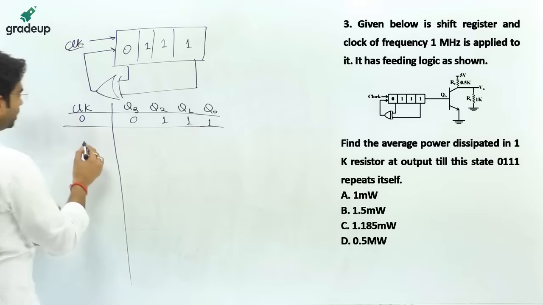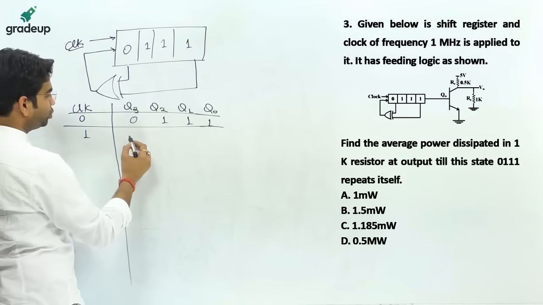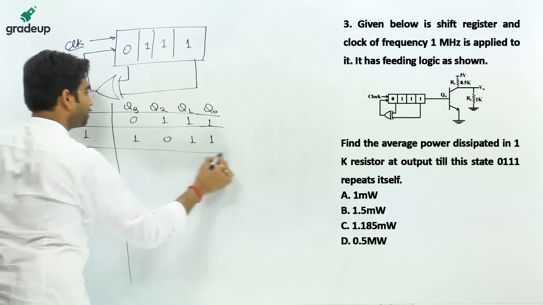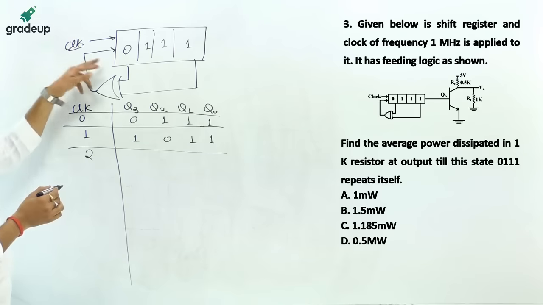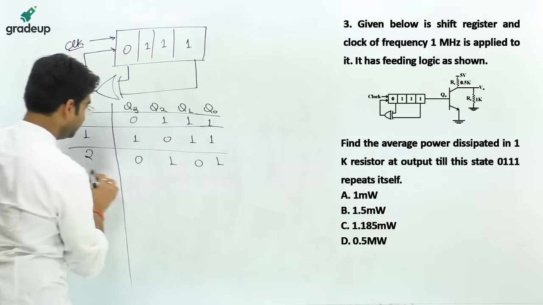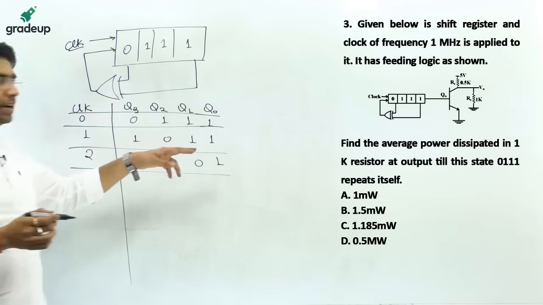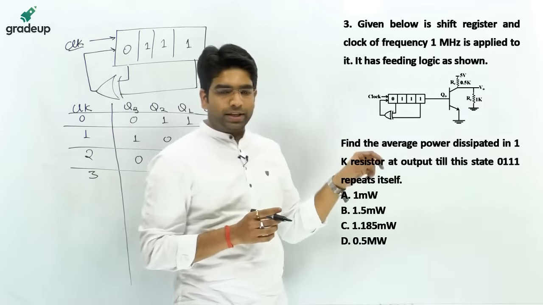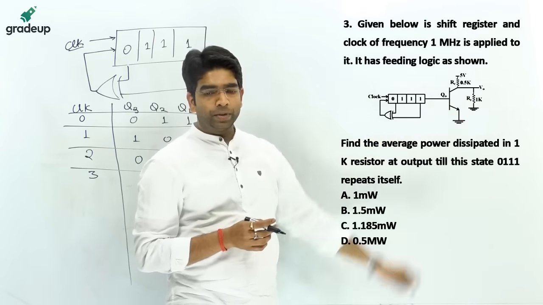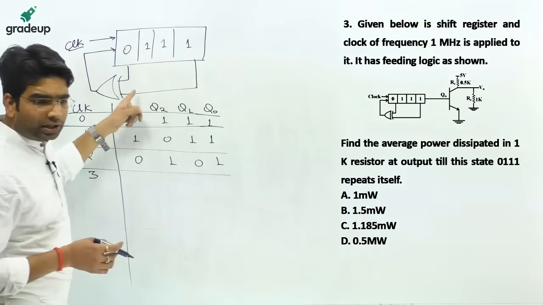In the first clock, XOR these two bits, it becomes 1, 0, 1, 1. Go to the second, the second clock is fed, again 0, 1, 0, 1. The third clock is fed. Go through those many steps. What is the question asking?